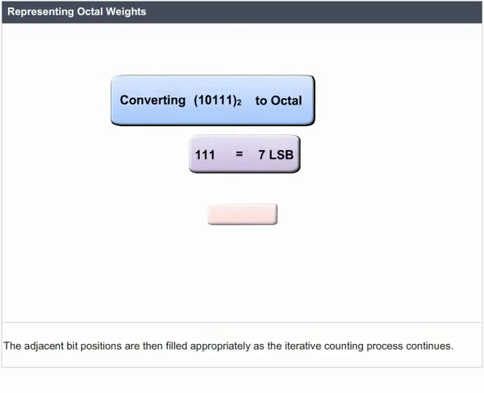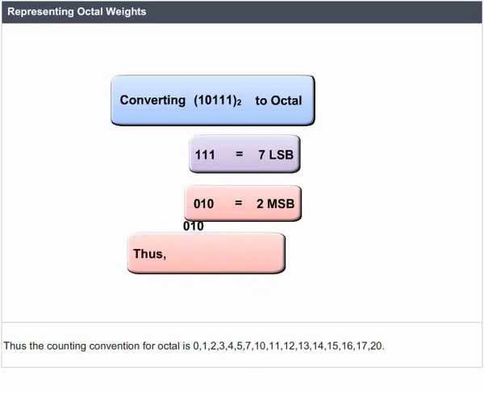The adjacent bit positions are then filled appropriately as the iterative counting process continues. Thus, the counting convention for octal is 0, 1, 2, 3, 4, 5, 6, 7, 10, 11, 12, 13, 14, 15, 16, 17, 20.